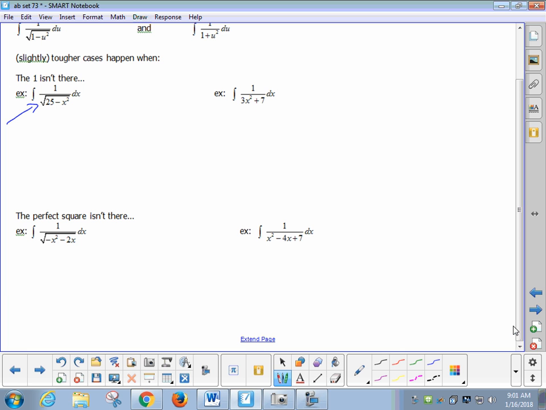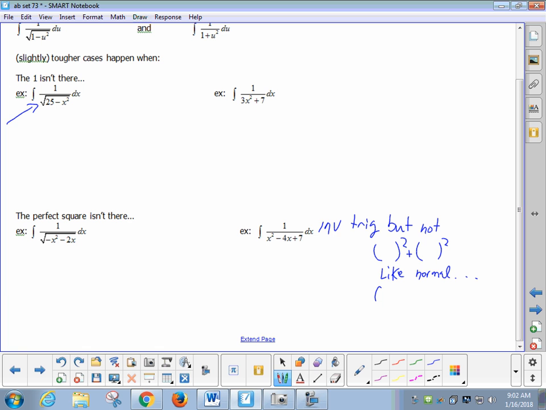Now, this is inverse trig, but it's not quite something squared plus something squared like normal, which would be arctan. Do you agree? So, how can we take that and make it something like square plus square?